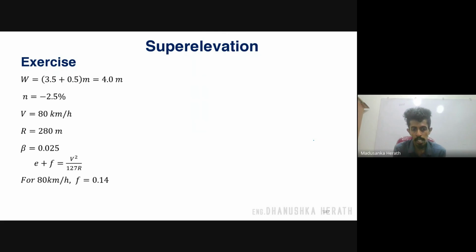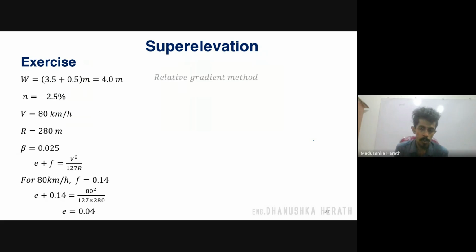E plus F is equal to V squared over 127 R. For 80 kilometers per hour, F, the friction, is equal to 0.14. Then E plus 0.14 is equal to 80 squared divided by 127 into 280. Then you can calculate the super elevation, that is 0.04. First we need the super elevation.